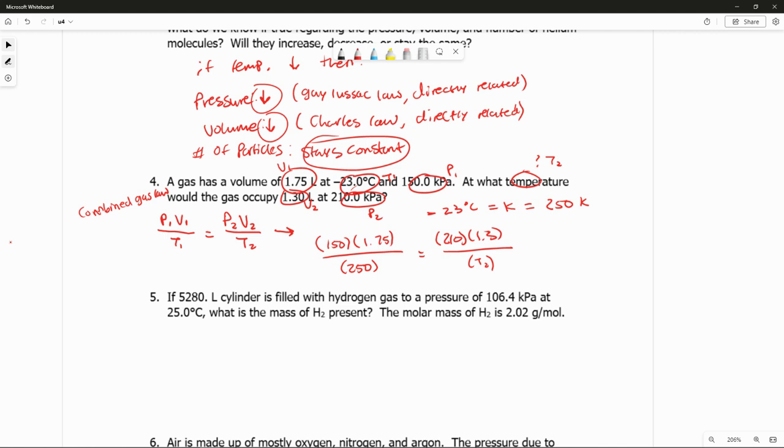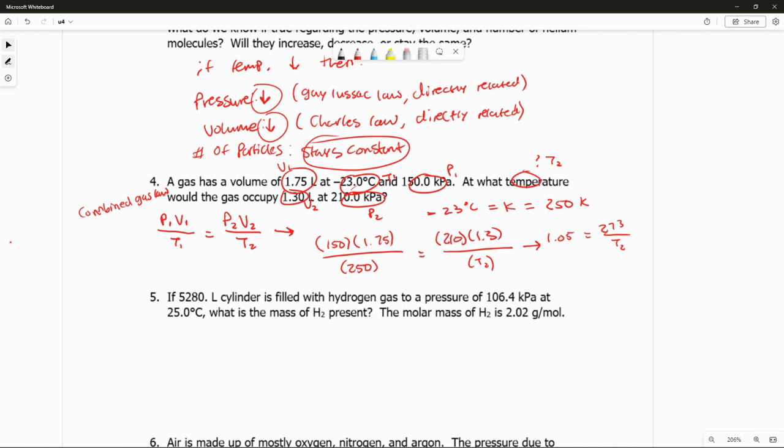All right. When you algebraically solve this, we're going to get everything but the T2. You solve this, we're going to get on this side 1.05 equals, and then multiplying these two, we get 273 over T2.